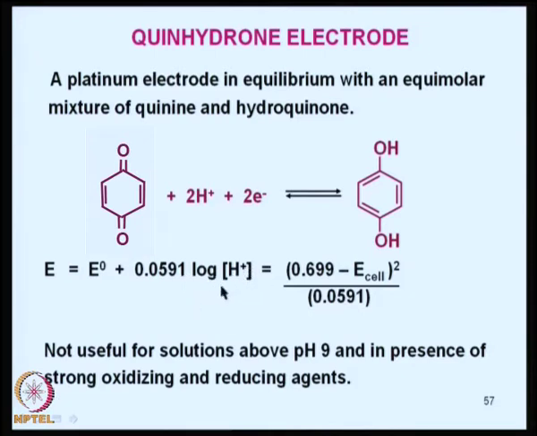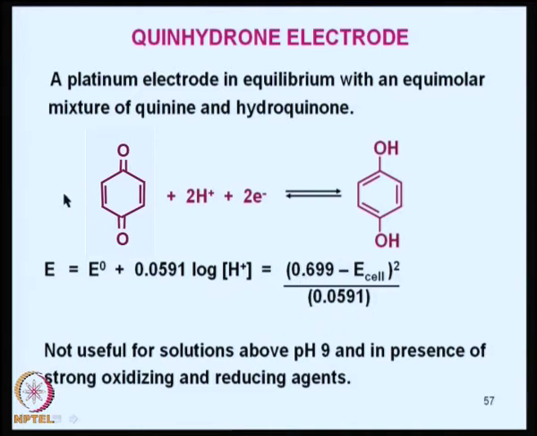Again I am going to neglect the reduced species, and E naught is 0.699, and then 2 hydrogen ions, 2 electrons are there, so I have to take twice.